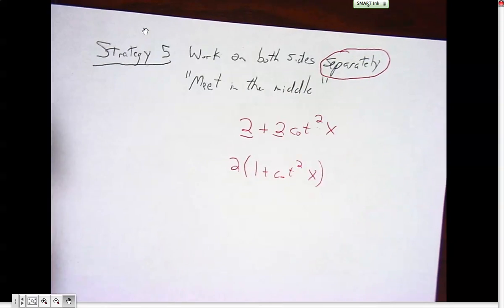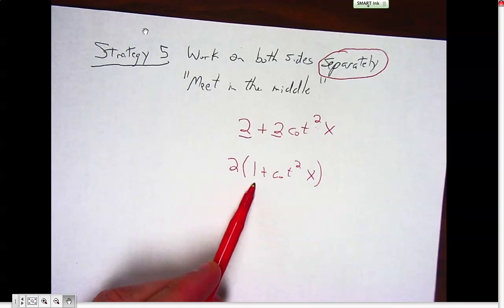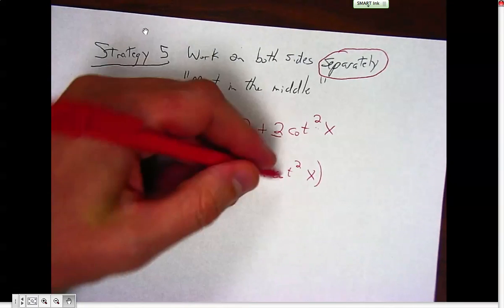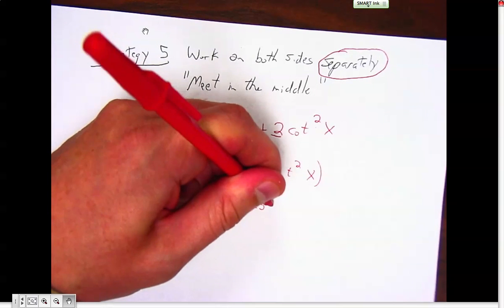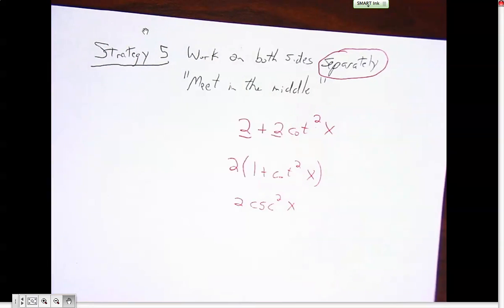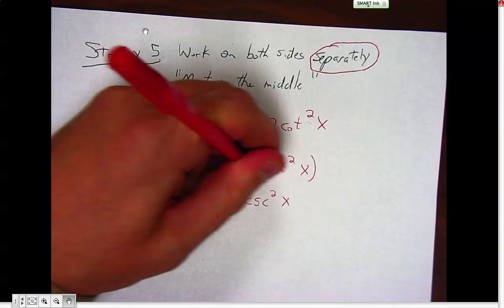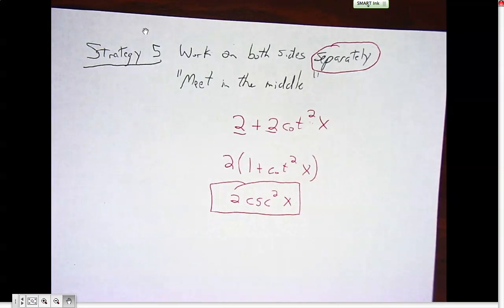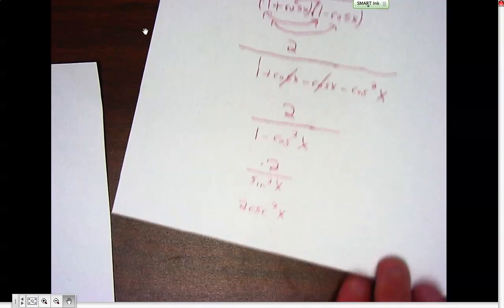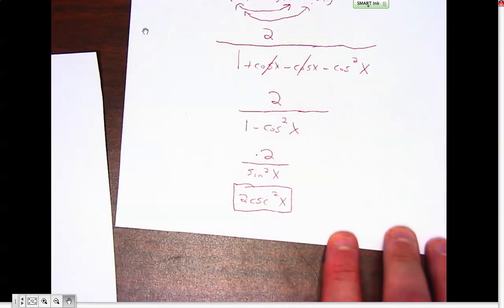When I pull that 2 out in front, now I see the thing that I wanted, right? 1 plus cotangent squared from my list of identities is cosecant squared. And so now I'm going to have 2 cosecant squared, and that's really good because I just simplified the right-hand side to 2 cosecant squared, and I had simplified the left-hand side into 2 cosecant squared, and so I had sort of met in the middle.